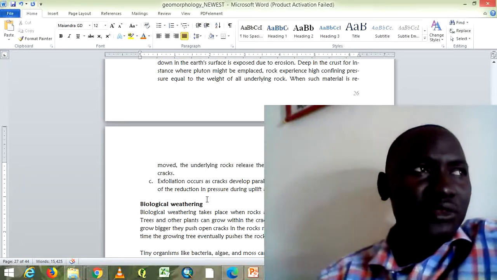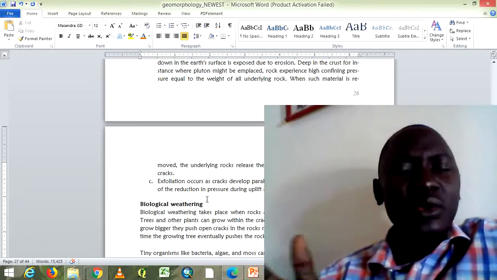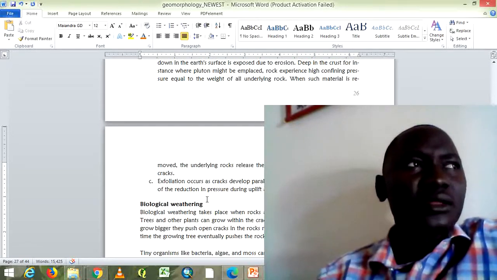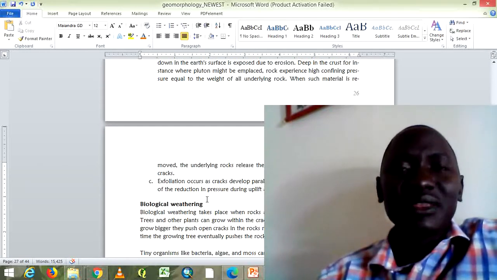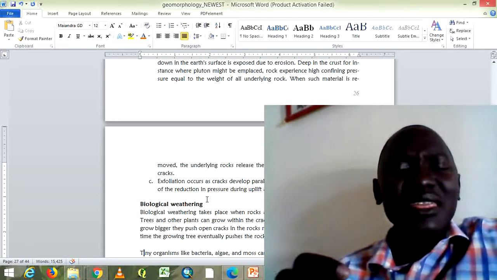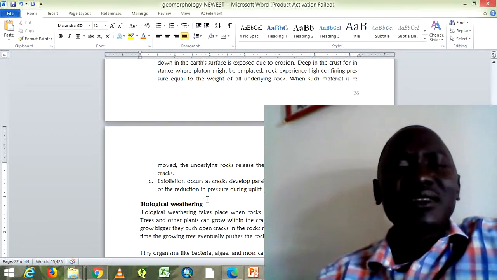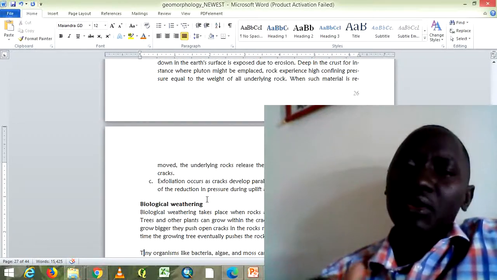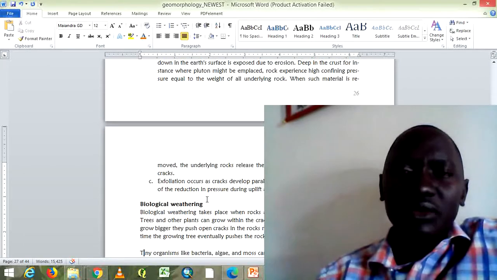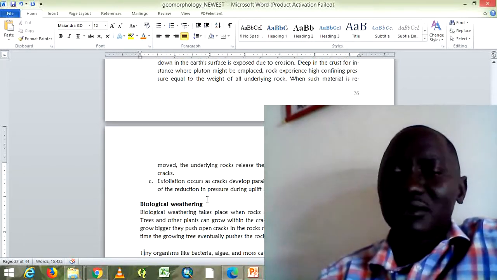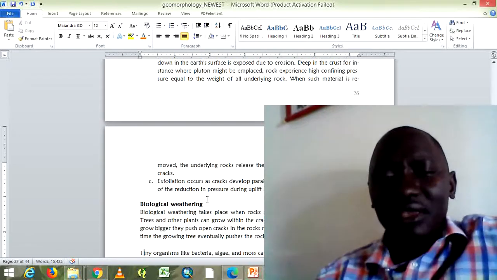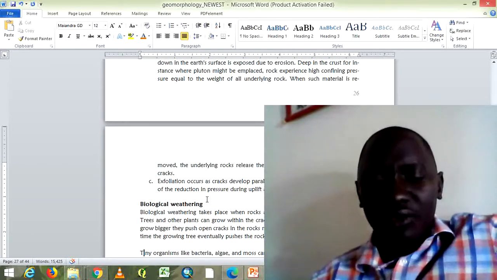And when the rain comes, it quickly cools the rock which had been just heated. That sudden cooling of the rock makes it develop cracks and begin to peel off into layers. Some people will call it onion weathering. Eventually we call it exfoliation weathering. So that is under physical means.